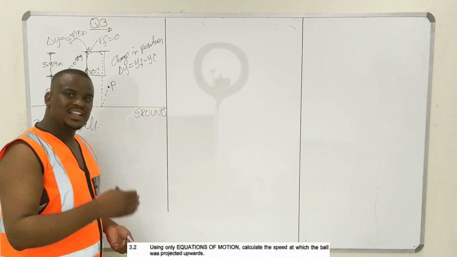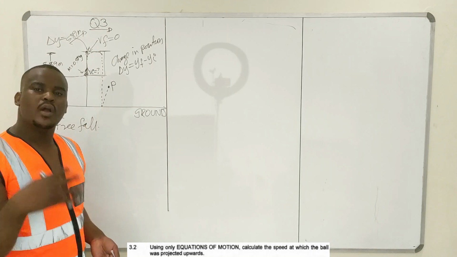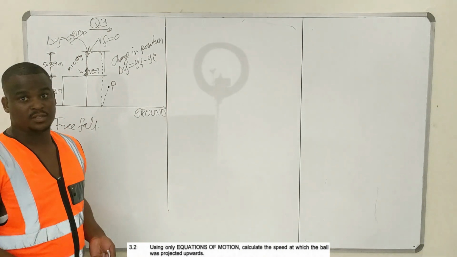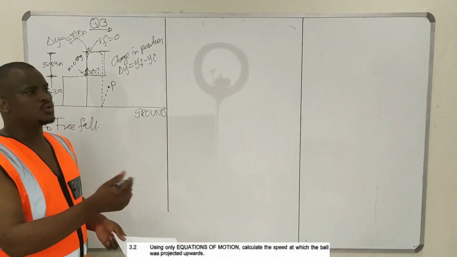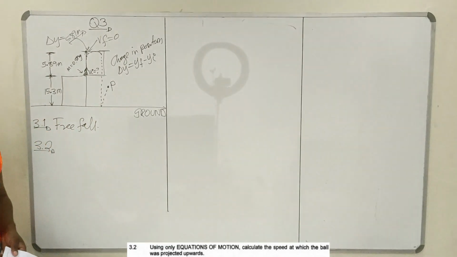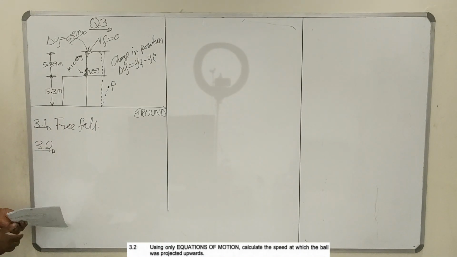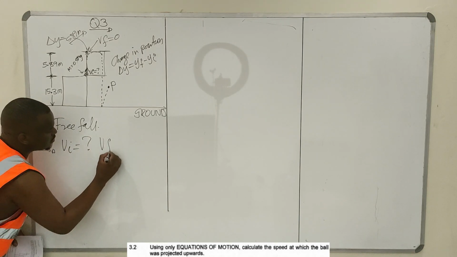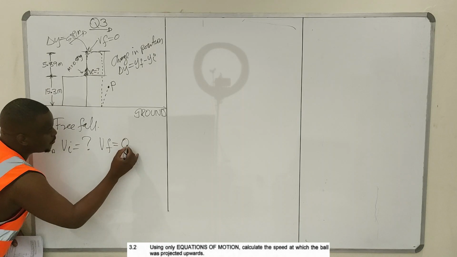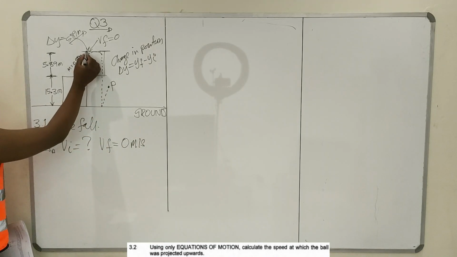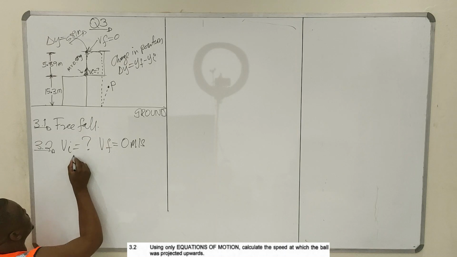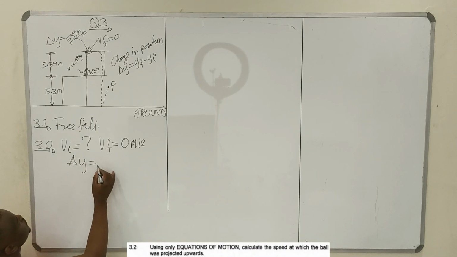So we want the initial velocity, but we have the final velocity to be 0 meters per second, because at the maximum height the velocity is 0. We have the displacement, which is what?